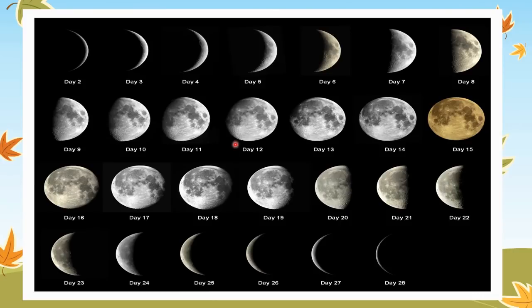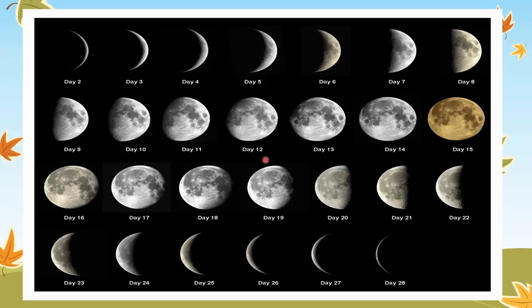So students, as you can see in the picture, this is the cycle of the moon, how the moon changes its shape. On the 15th day, it is full moon day. And again after the 15th day, that is on the 16th day, the moon is becoming small and it will become a new moon on day 30.